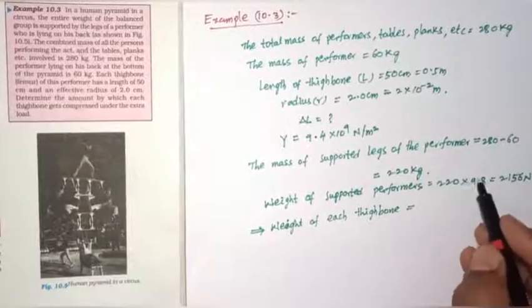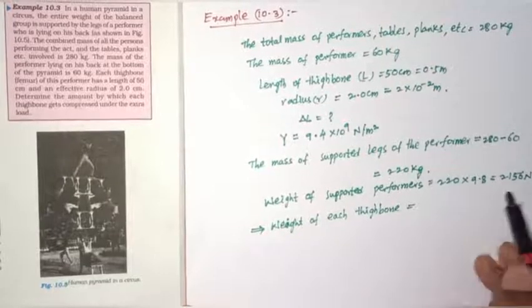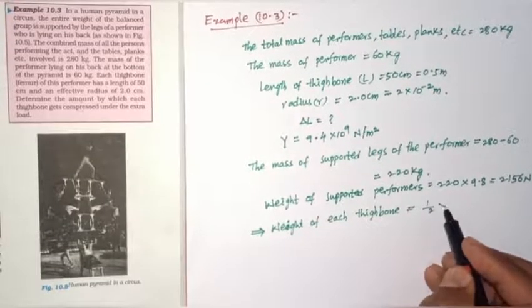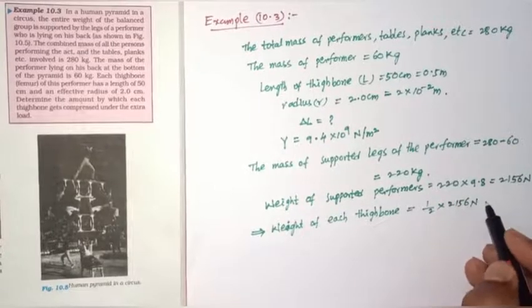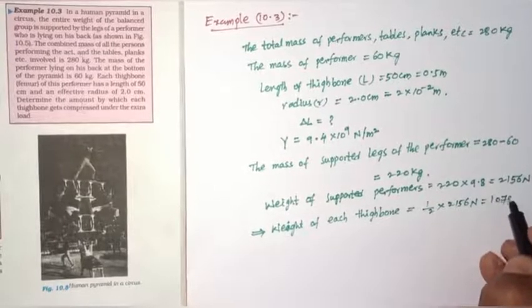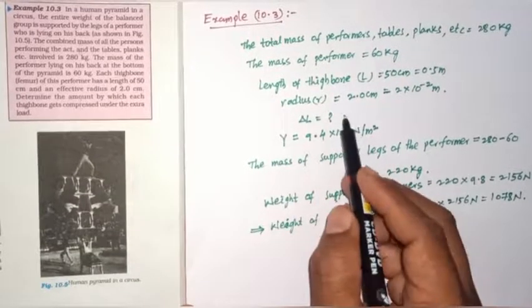Two thigh bones share 2156 newtons, so each thigh bone bears 1 by 2 into 2156 newtons, that is 1078 newtons. Now we can find out delta L.